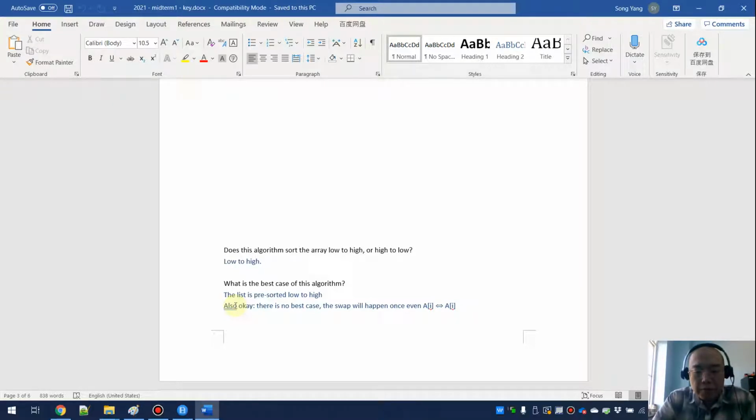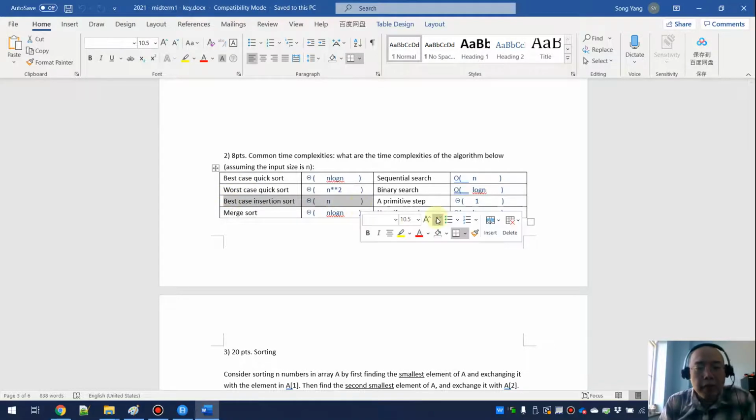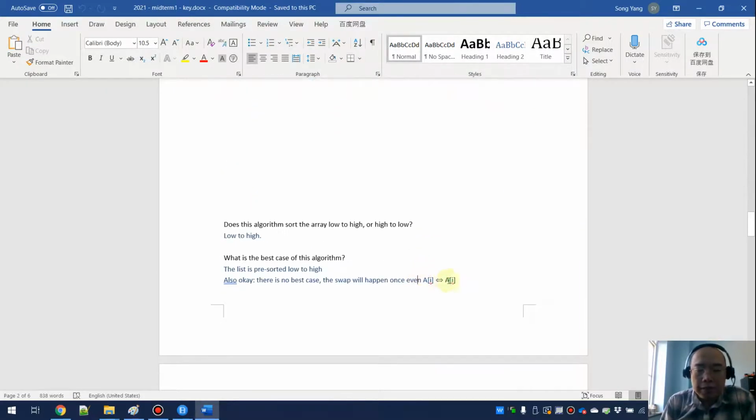So whether we have a best case or not doesn't matter too much. It's not like the best case of the insertion sort, which is linear time. But for the selection sort, it is an O(n squared) algorithm anyhow.